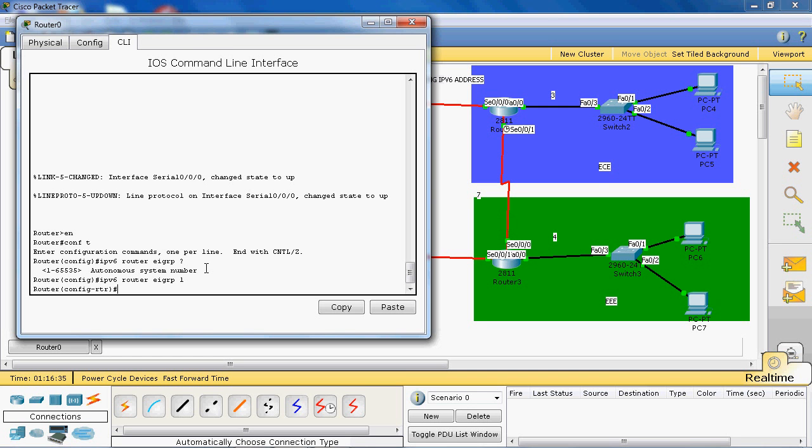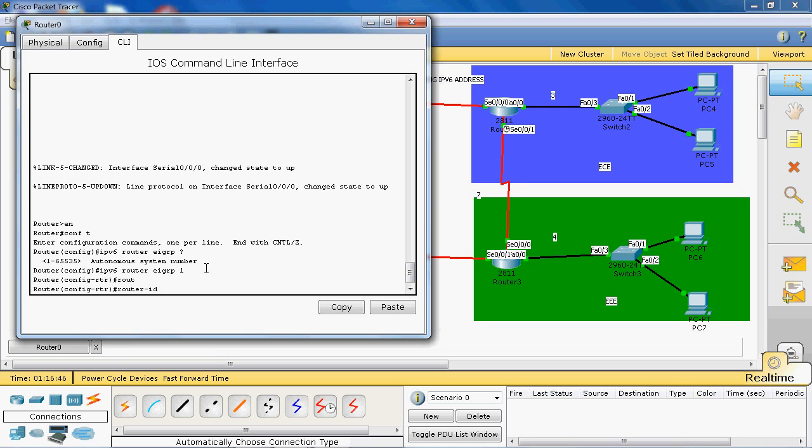Next, I already told you that in IP version 6 we have to give the router ID for each router. The syntax for assigning the router ID is router-id. The router ID is 32-bit, that is an IP version 4 format. So in the CSE department I will assign the router ID as 1.1.1.1.